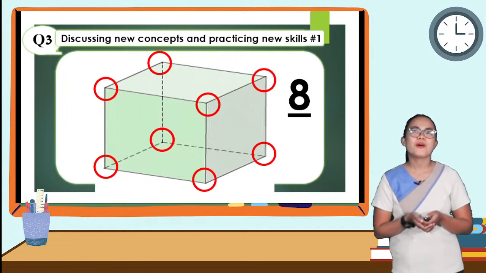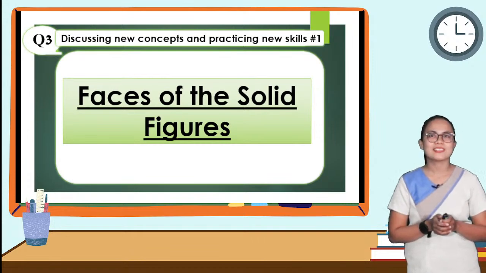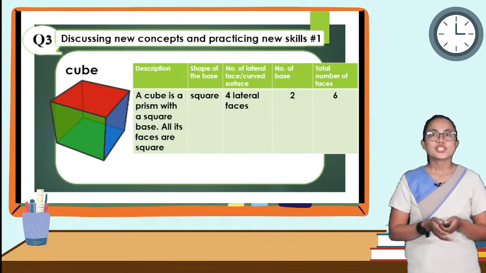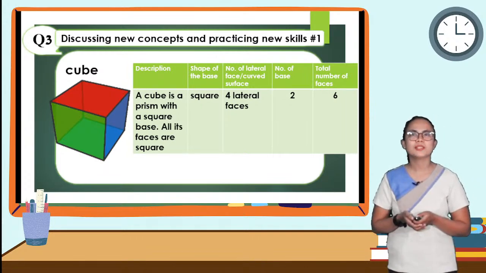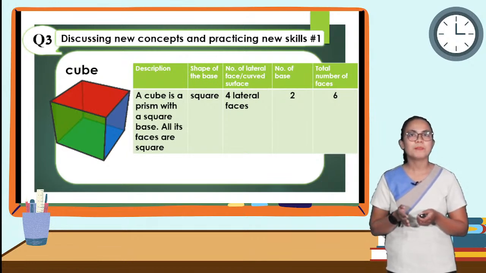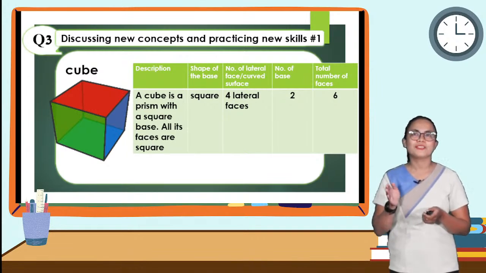Now, let's focus on the faces of the solid figures together with their descriptions. Let's start, grade 6. Here we have the illustration, a cube. On the first column, we have the description, followed by the shape of the base, the number of lateral faces or curved surface, the number of bases, and the last one, the total number of faces.